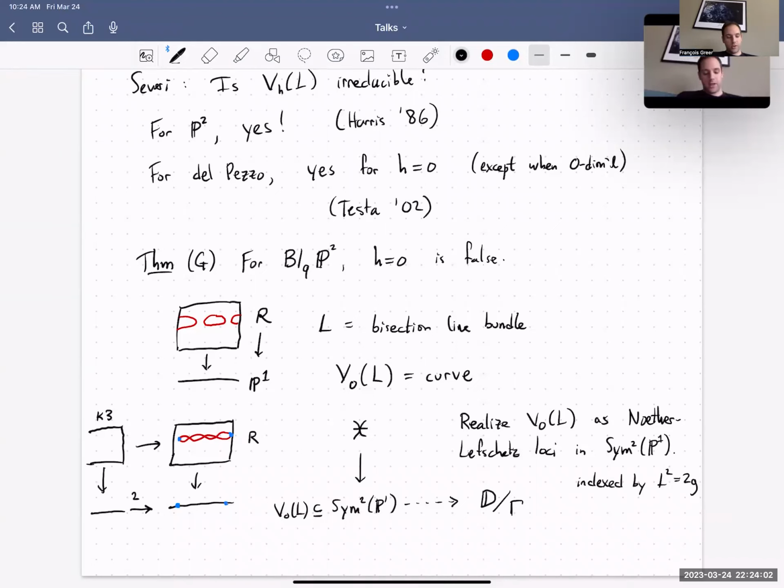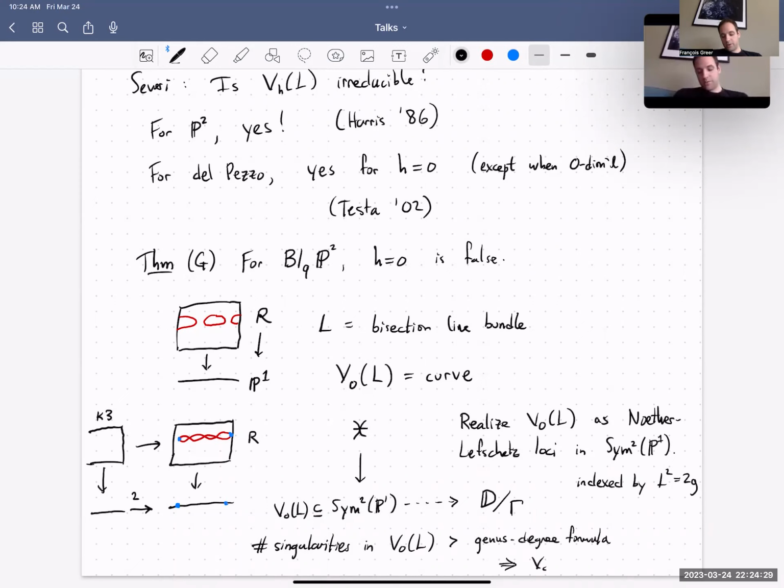So that's how the proof goes. So if the number of singularities in V_0(L) exceeds the genus degree formula, that implies that V_0(L) is reducible.